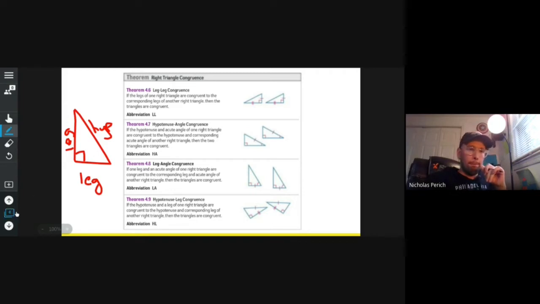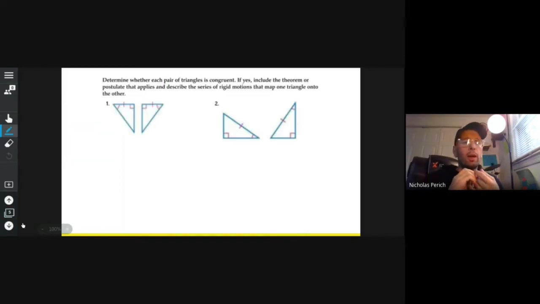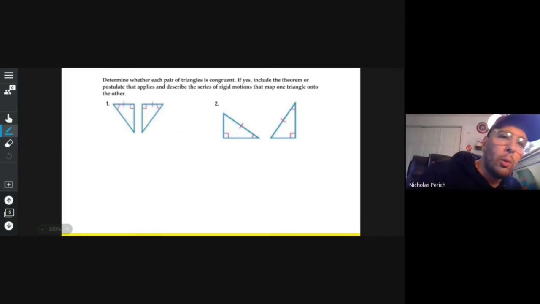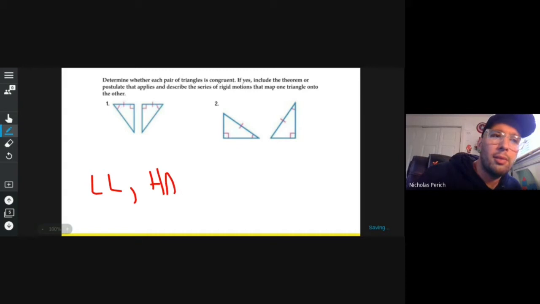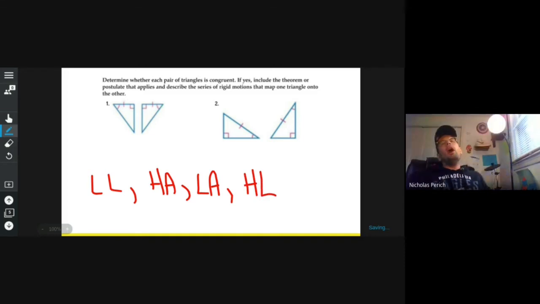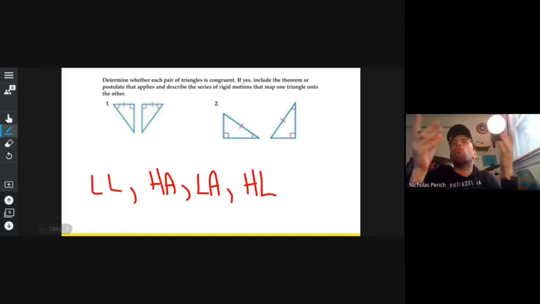All right. So let's rewrite those out. We have LEG. We have HA. We have LA. And we have HL. I have to look at problem one and compare these two triangles. They're right triangles. You should be able to say that thing is the same as that thing, and that thing is called a angle, leg, hypotenuse, whatever.